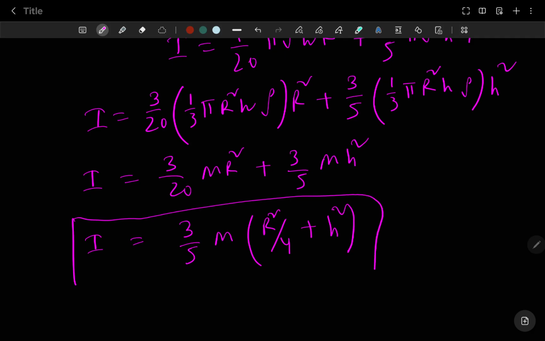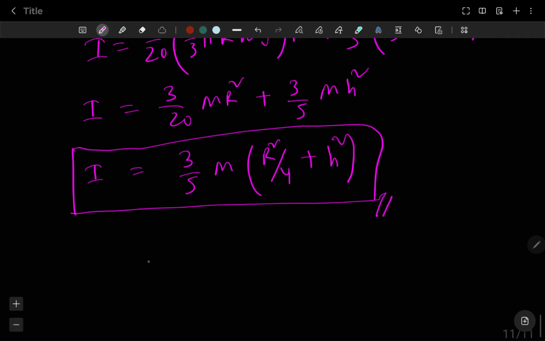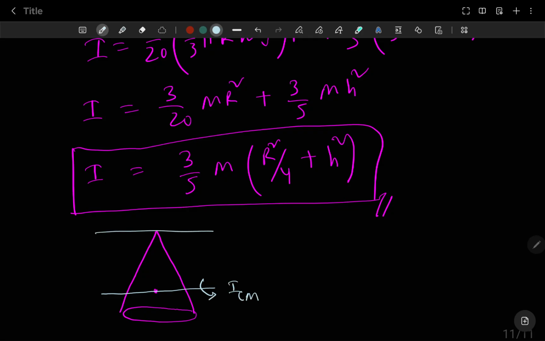Okay, so if they ask you to find the moment of inertia about an axis through the center of mass of this cone like this, you can find it by the parallel axis theorem, because you know the moment of inertia I about this axis.